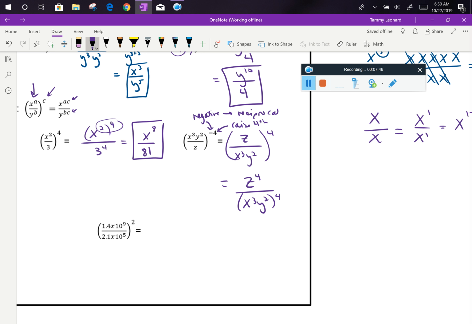Notice we're now using the product to a power rule, which says when I have x cubed times y to the 2nd, and I want to raise the whole thing to the 4th, I can raise each of those pieces to the 4th power individually. So my final answer will be z to the 4th divided by, remember when we raise a power to a power, we multiply the powers. So we have x to the 12th and y to the 8th.